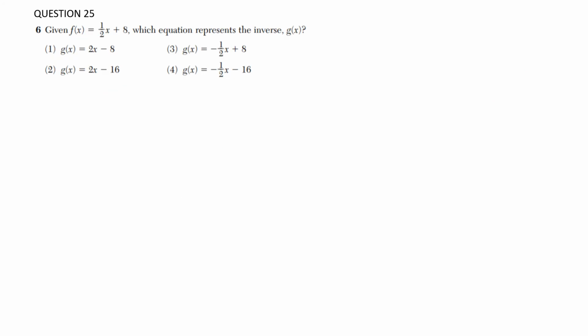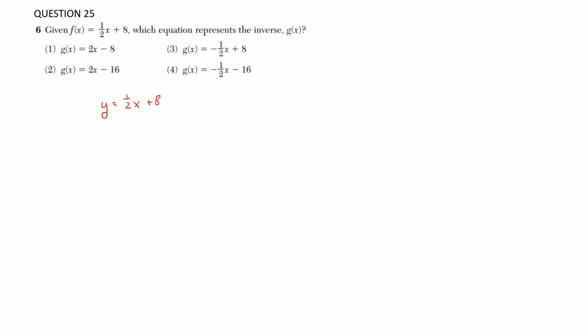Alrighty, so given f of x equals 1/2 x plus 8, which equation represents the inverse g of x? A quick shortcut to figuring out the inverse of a function is to simply switch the x and y values of it. So this one is y equals 1/2 x plus 8.